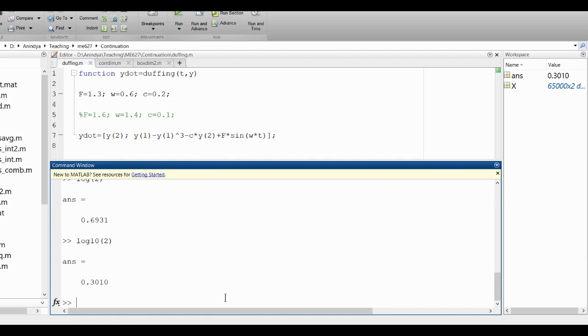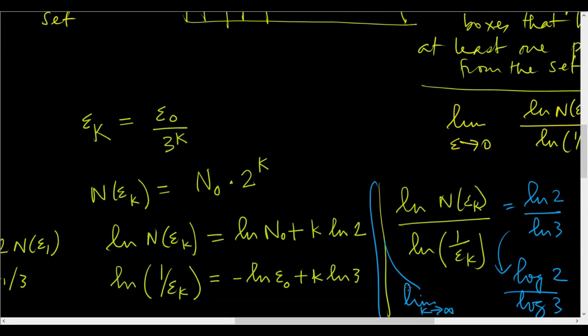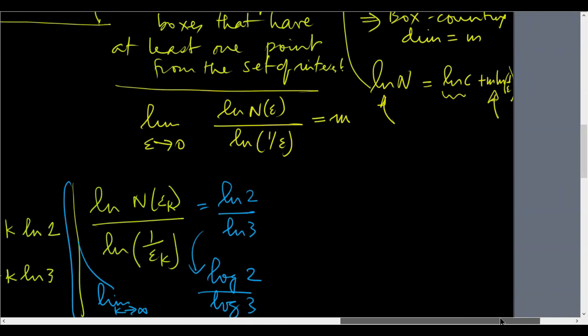If I take log 10 of 2 by log 10 of 3, I still get the same number, 0.63. So that is the box counting dimension of the Cantor set.